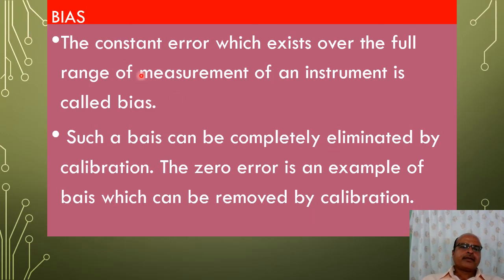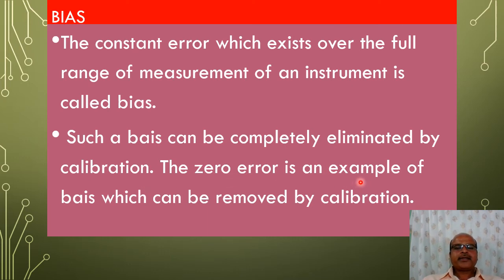Then bias. The constant error which exists over the full range of measurement of an instrument is called a bias. Whatever you measure, if there is a constant error in it, then it is called a bias. Such a bias can be completely eliminated by calibration.